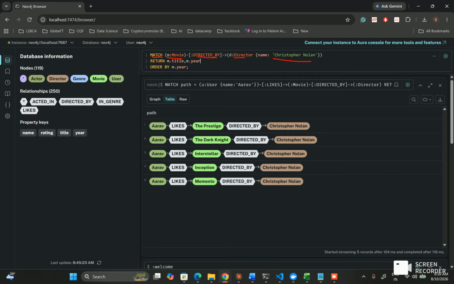Okay. Makes sense. Now, these round brackets over here, these are what? Nodes. The circles. These square brackets over here, it means inside the arrow.